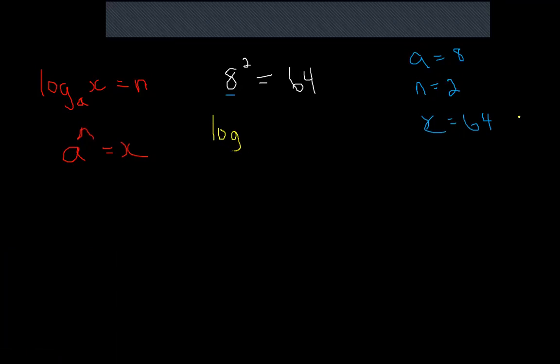And we said that x is 64. So I'll put 64 here. It told me that the base comes down here. The base is 8. Is equal to n, which is 2, and notice how we go from the exponential form to log form. Everybody good with this so far?